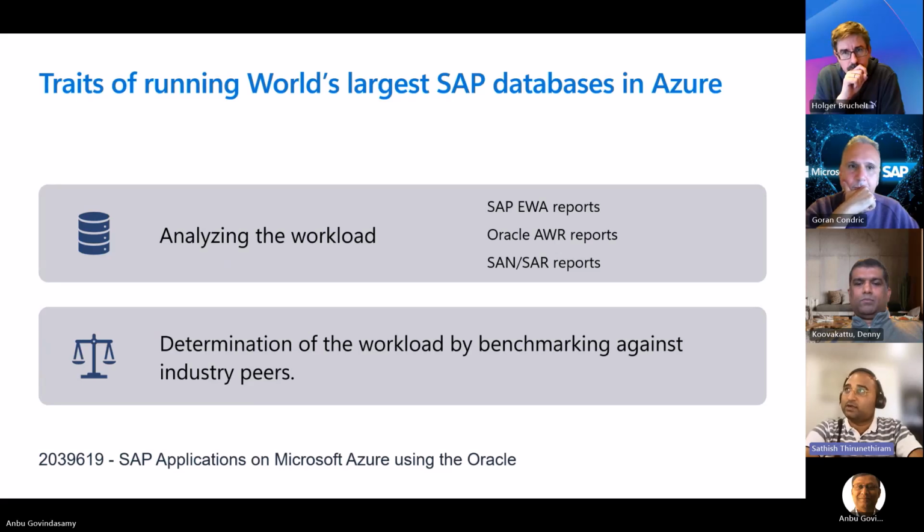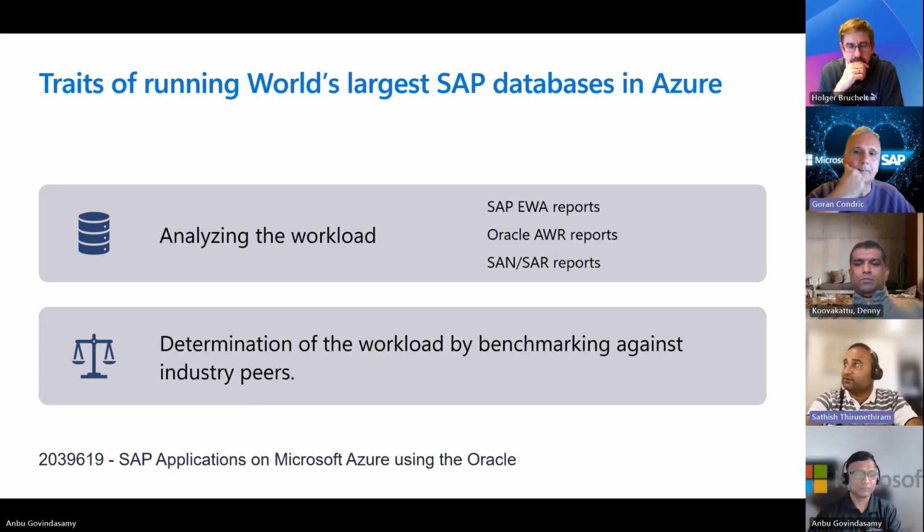That's important, but with Oracle customers, basically we look at the dialog steps, the batch steps, and we look at their AWR report for Oracle, and then we look at the throughput and the IOPS. Those are the key factors we look at in evaluating the workload that can be managed in Azure.